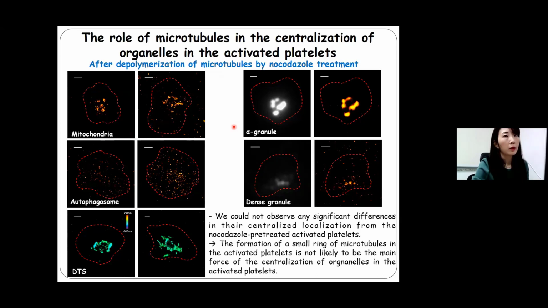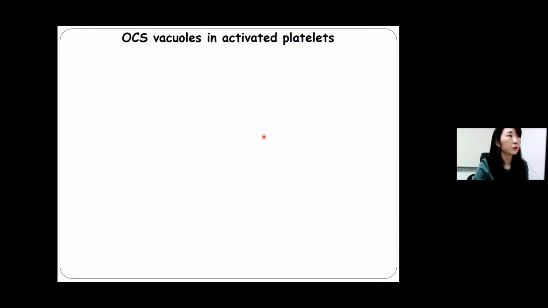So based on this, we thought there might be another reason why they are centralized. Another possibility could be the existence of the exit route on the center for the secreted protein from the organelles for the bleeding signal.